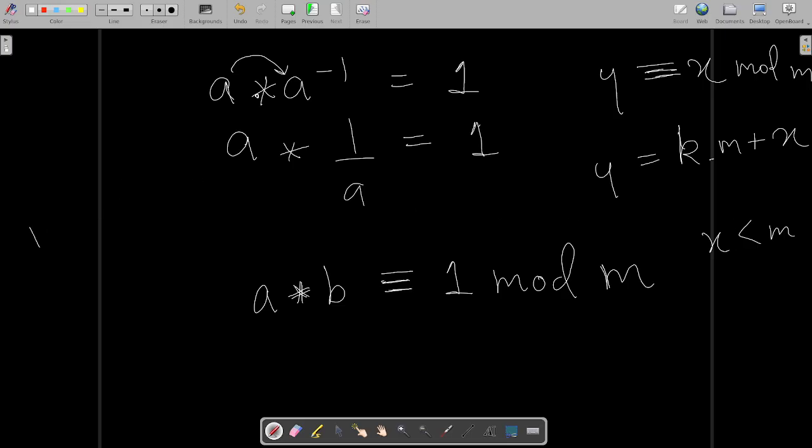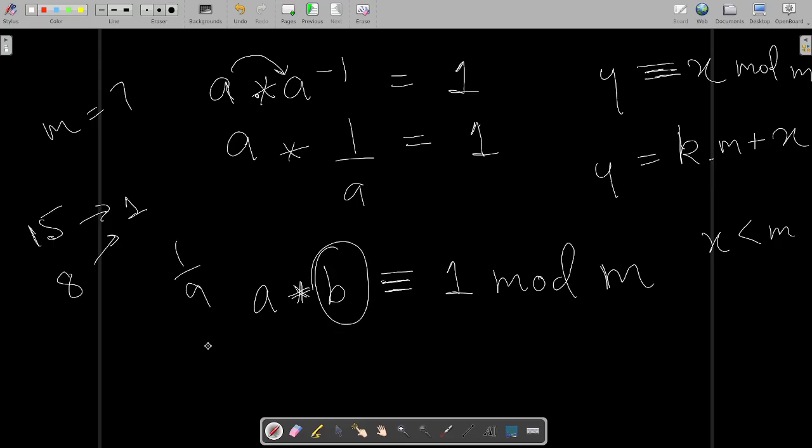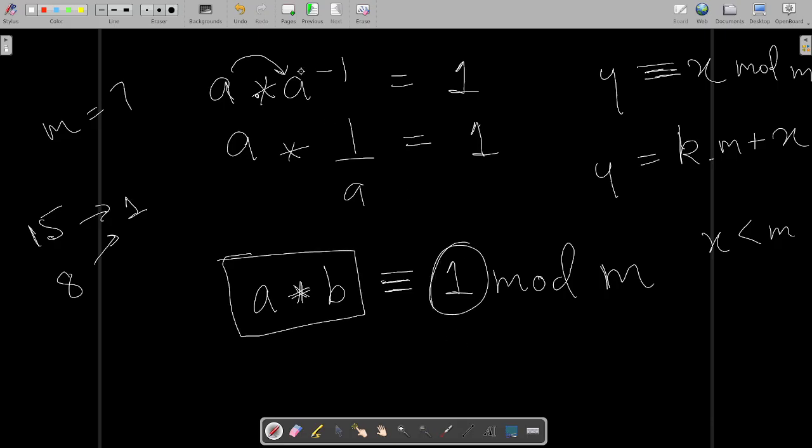Let's say 15, and m is 7, and 8. Now both the numbers are different, 15 is a different number, 8 is a different number, but actually under mods both of them give 1. So what I'm trying to say is here b is not necessarily 1 by a. B can be a very different number, but the general thing that you want to know about b is when you multiply a and b and do a modulo operation, you should get a 1.